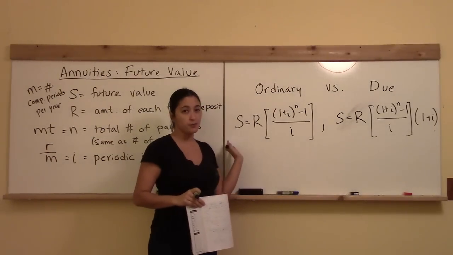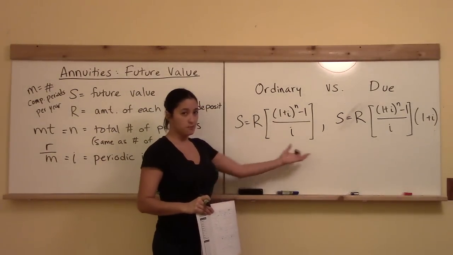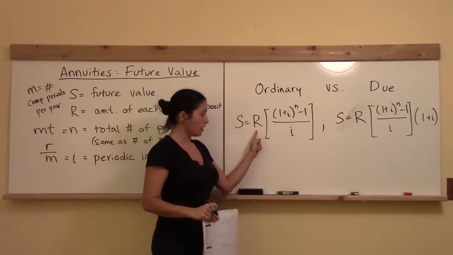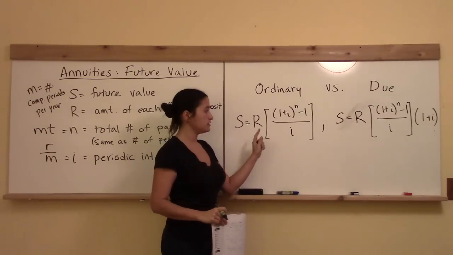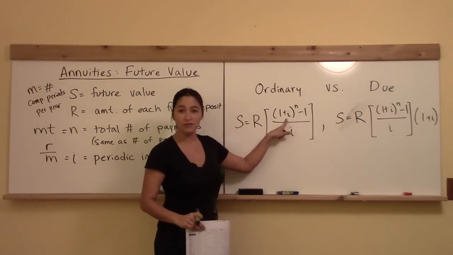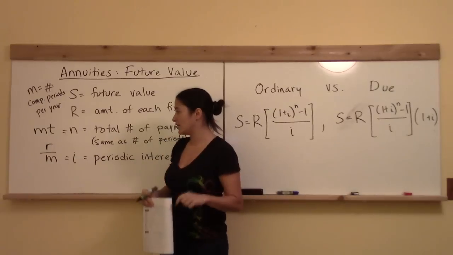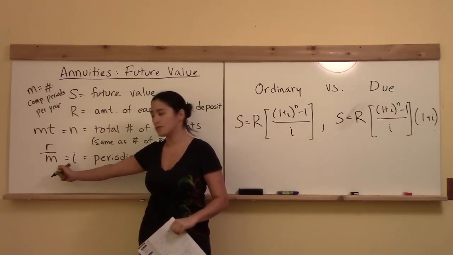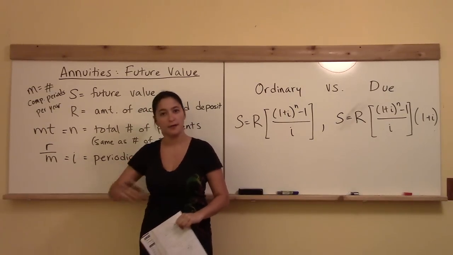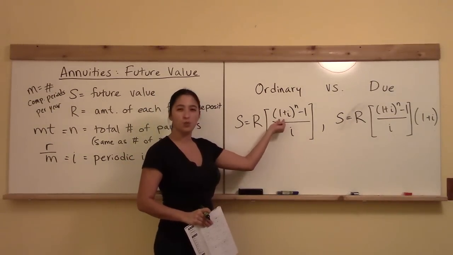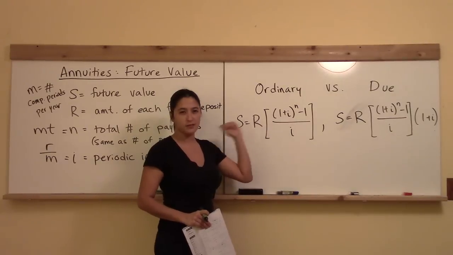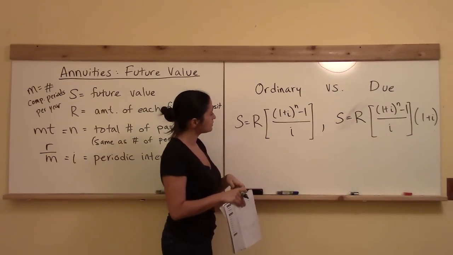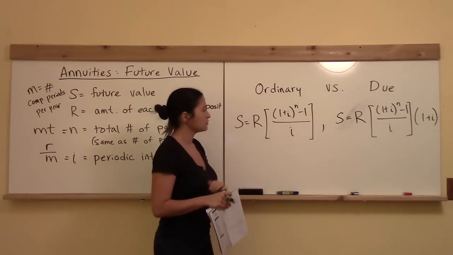They're both outputting the future value, and the inputs you need to give are R, the amount of the regular payments, and 1 plus i. Remember i is the periodic interest rate, so i is going to be the APR r divided by the number of compounding periods per year m. Then you see that familiar 1 plus format that was also in the general compounding equation.